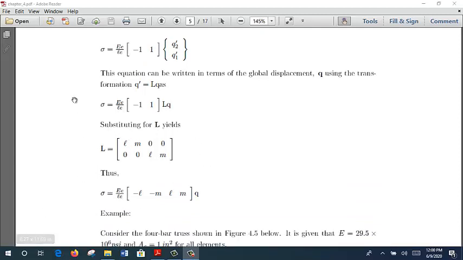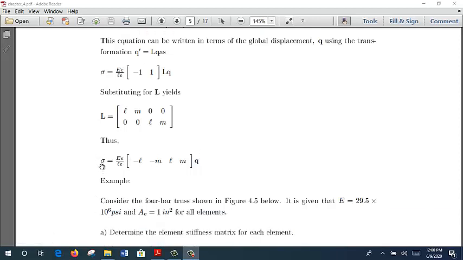You substitute L here, so multiplying 1 by 2 times 2 by 4, you will get a 1 by 4 matrix. This is the final formula to calculate the stress in trusses: E over LE times negative L, negative M, L, M times Q. That's very straightforward.